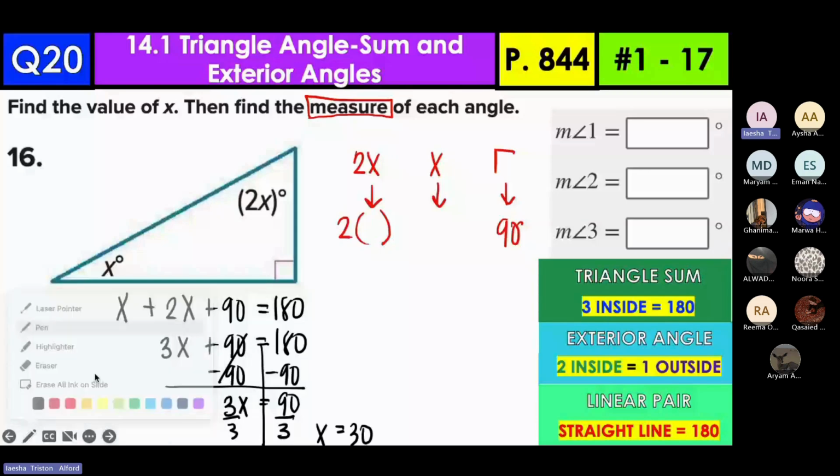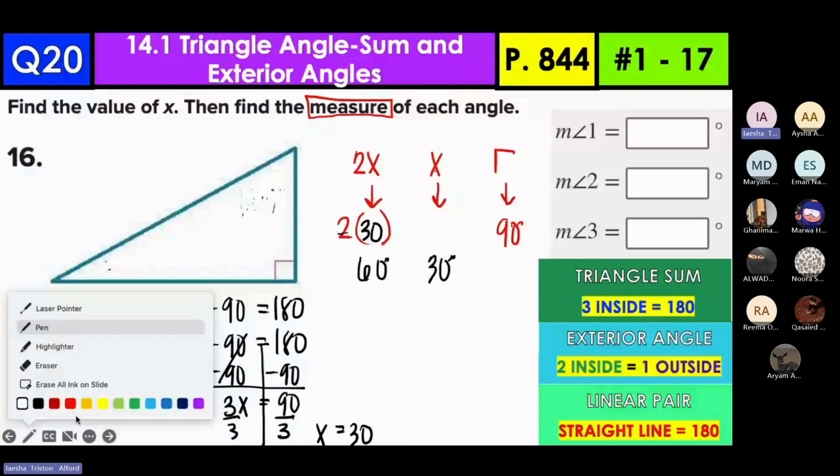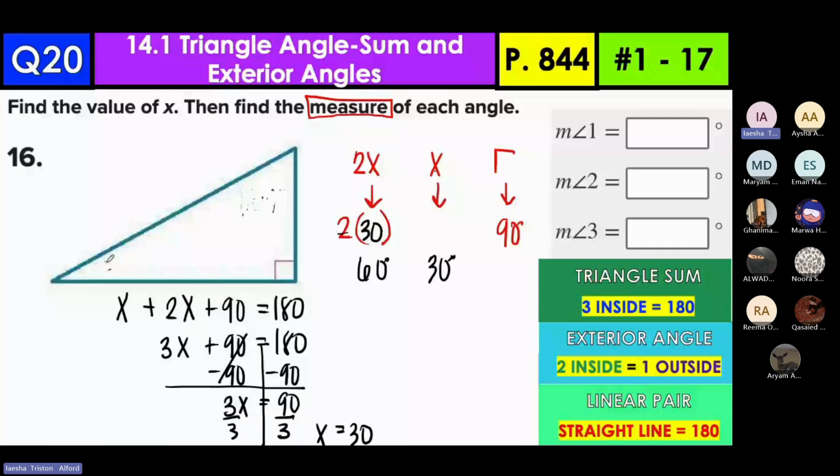Inside should be 30. 2 multiplied by 30 gonna give you 60 degrees. This x gonna be 30 degrees. And we already know the square is 90. Put the measures in your picture. So this one was 30, this one 60, this one 90. Done.